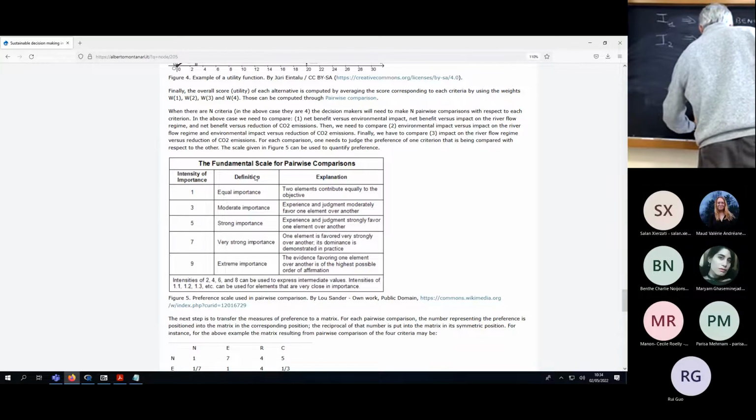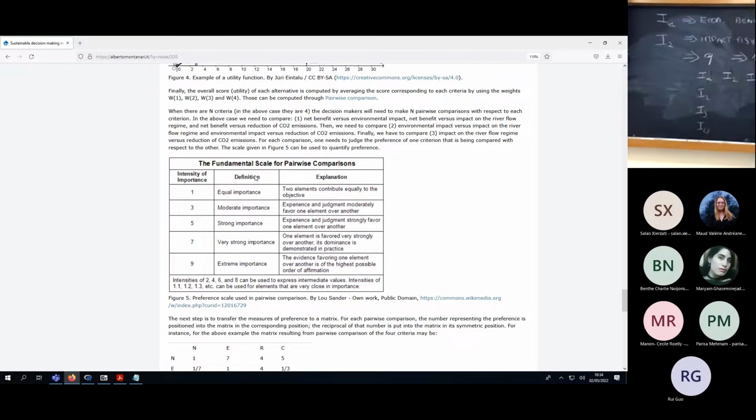We need to build this matrix. I need to add one column: I1, I2, I3, I4.